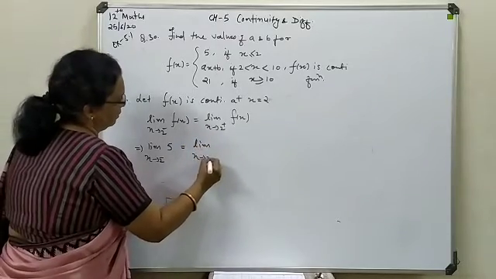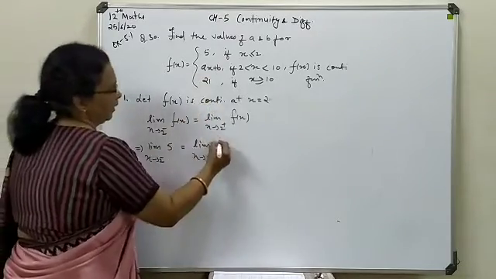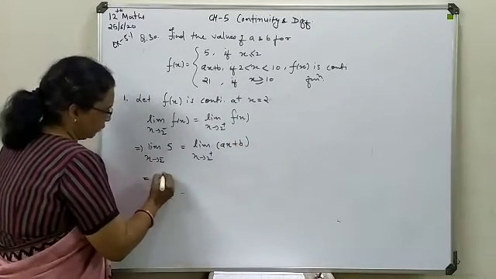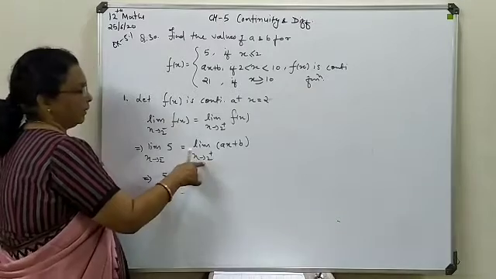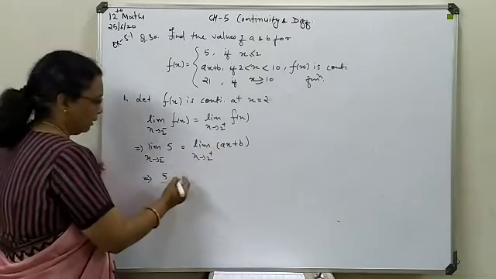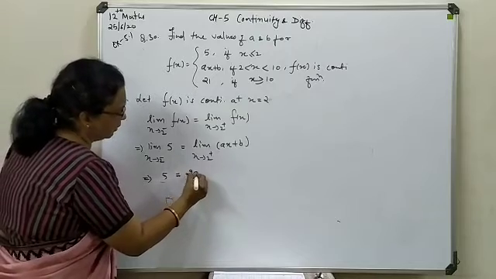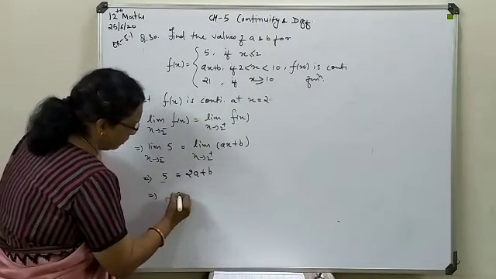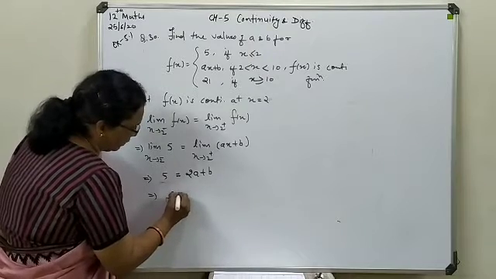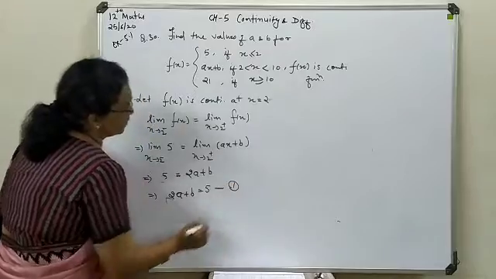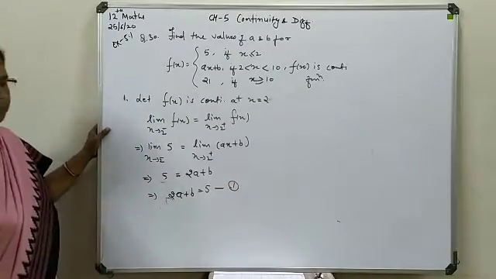For the right limit solution, that is ax plus b, and in place of x you will write 2, so this will be 2a plus b. So now we can say that one equation you have generated is 2a plus b is equal to 5. This we will consider as the first equation.